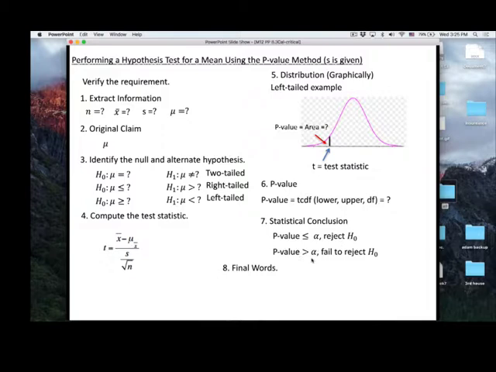Greater than alpha, that will be fail to reject. Then final words: look at the chart in section 8.1. We do have the number 1, 2, 3 conclusion. So this is how we perform a hypothesis test for the population mean using the p-value method.